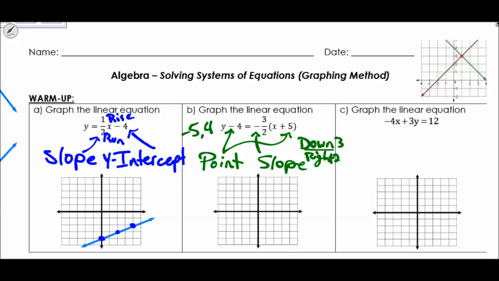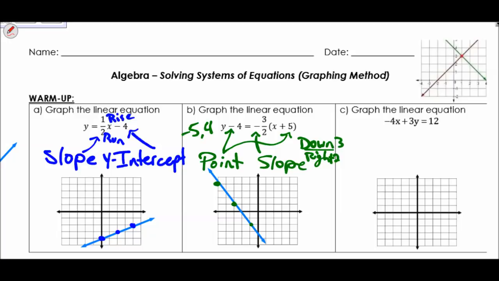So I'm going to start at my point, -5, 4, and then use that slope, down 3 to the right 2. I'm going to do that one more time, down 3 and to the right 2, and I'll connect my dots one more time using an arrow. That's my second one.